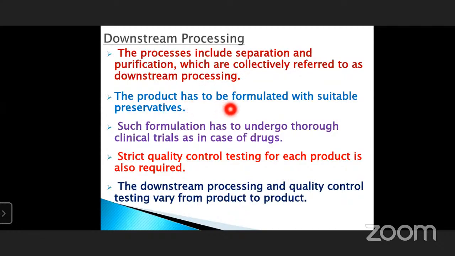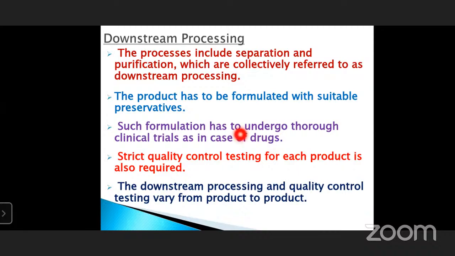The product has to be formulated with suitable preservative. The purified product is formulated with suitable preservative. Such formulation has to undergo thorough clinical trials in the case of drugs. A number of antibiotics and vaccines are prepared with the help of rDNA technology or biotechnology. So antibiotics as well as vaccines are not directly released into the market.